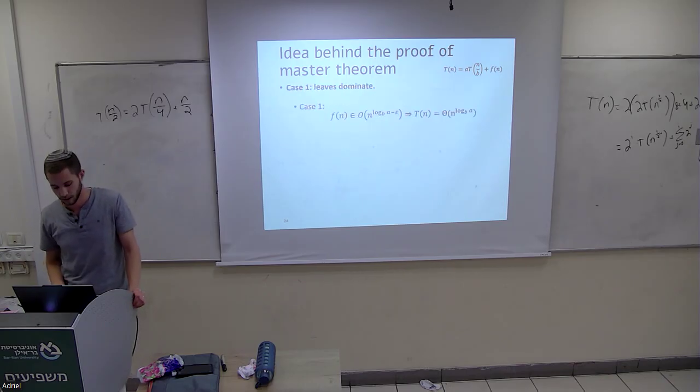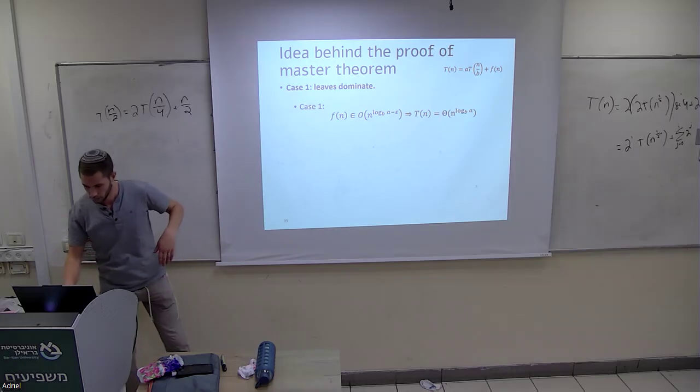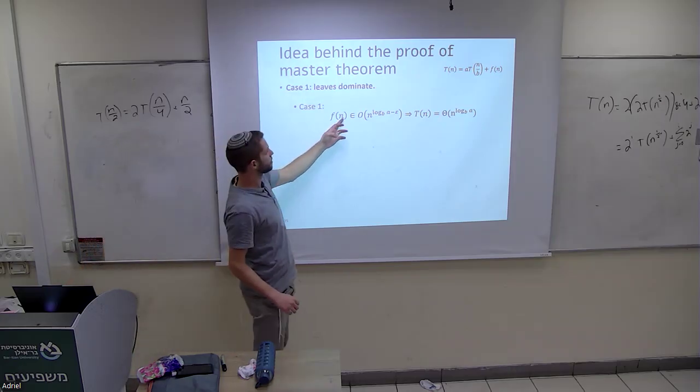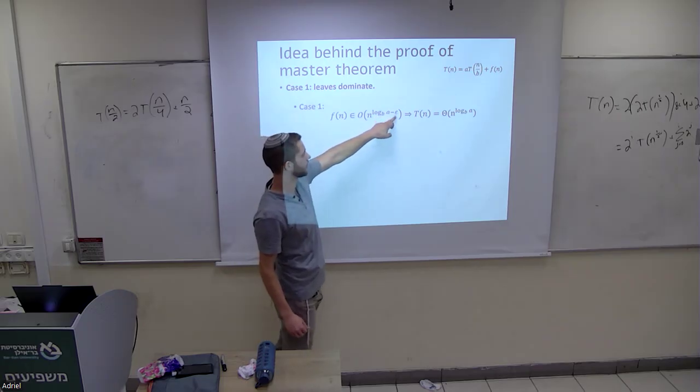Okay, why is this important? Because in the master theorem, we compare the root to the leaves and to the internal nodes. So what is case 1? You compare f of n to n to the power of log b of a minus epsilon.